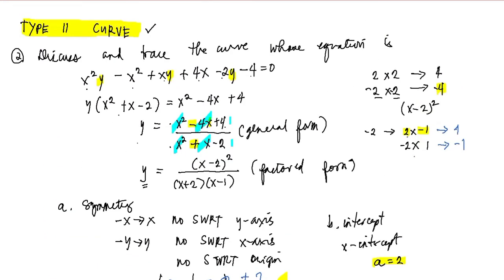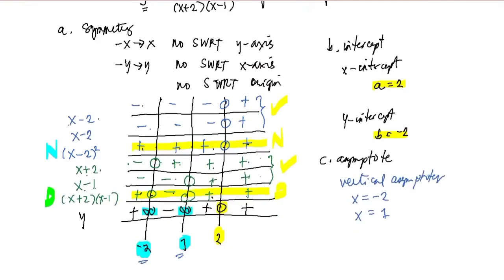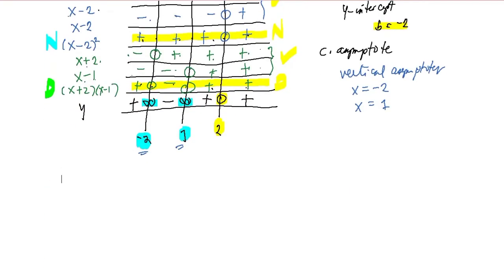So, balikan natin ito yung original function natin, no? In the general form. So, mas madaling computein yung ating horizontal asymptote if we are in the general form. So, since this is our general form, makikita natin dito na the highest degree of exponent is x squared. So, we are going to divide everything by x squared.